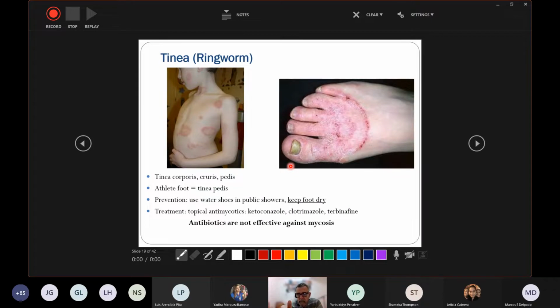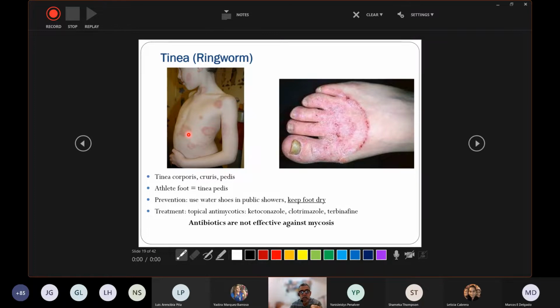Guys, ringworm or tinea, which is a fungus in the skin, a mycosis in the skin, is very frequently tested. Sometimes they describe rings. Look at this lesion. Do you see there are rings? That's why it's called ringworm. It has nothing to do with a worm. Those are rings, similar to impetigo.